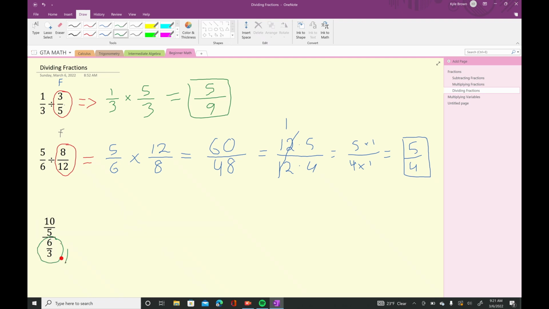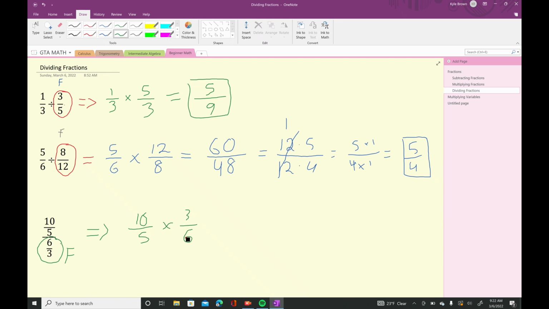This bottom fraction, we're going to flip. So when we rewrite it, the top is going to stay the same, and this part is going to now be 3 over 6.